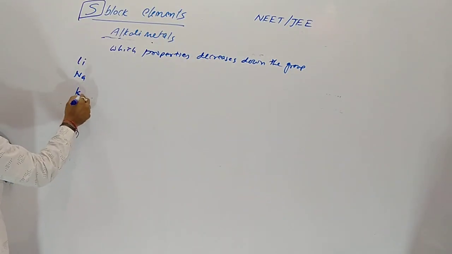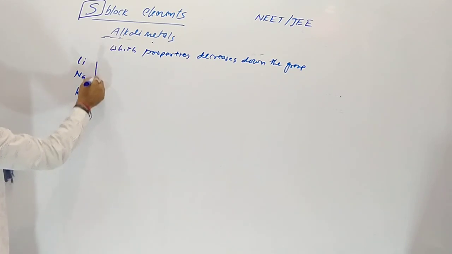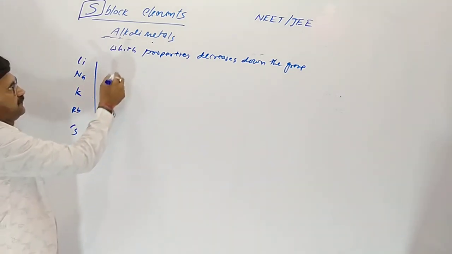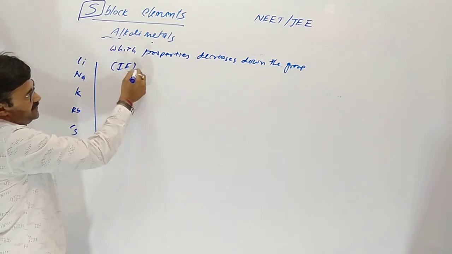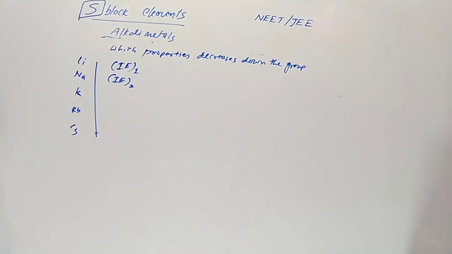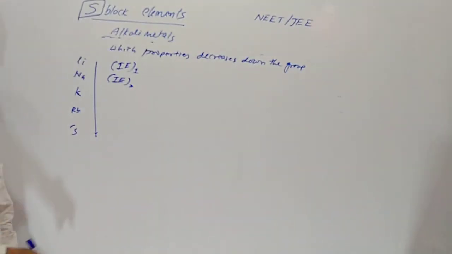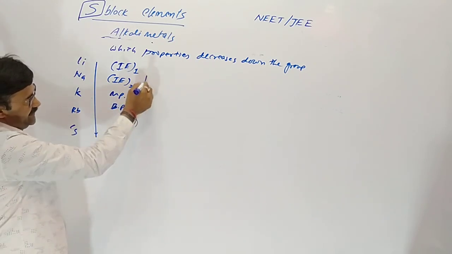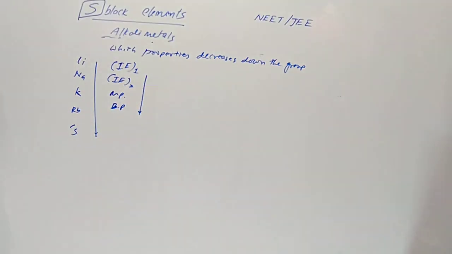From lithium, sodium, potassium, rubidium and cesium, we discussed first ionization enthalpy decreases, second ionization enthalpy decreases, melting point decreases, boiling point decreases from top to bottom.